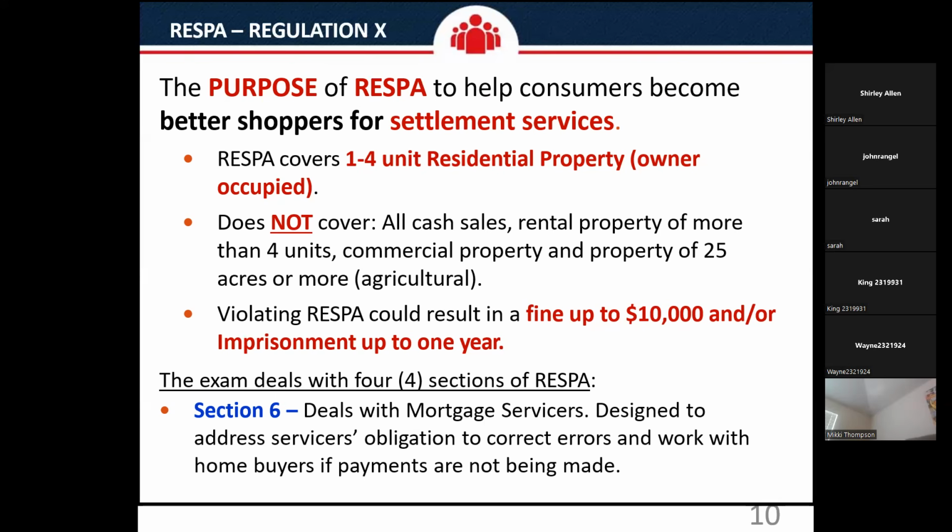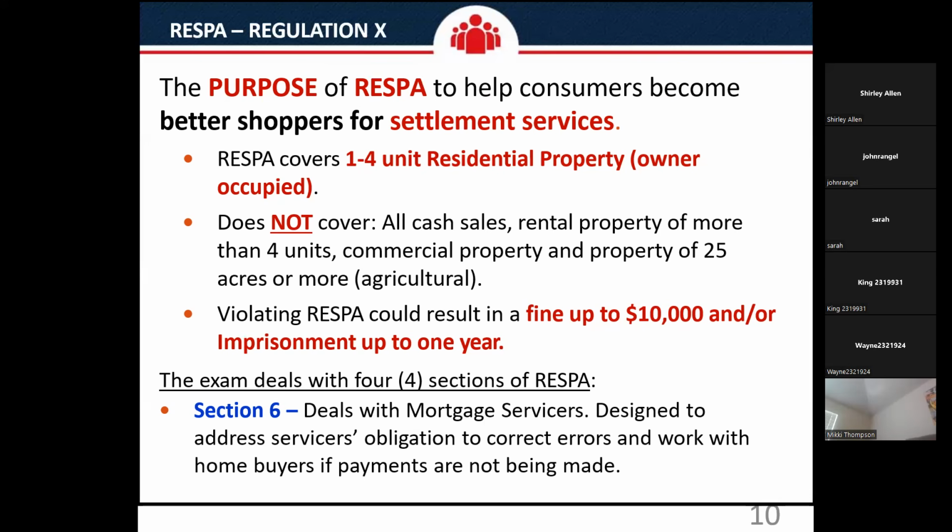The exam basically deals with 4 sections of RESPA. Section 6, I think, is a more involved section that the exam deals with. It has to do with the mortgage servicers. The mortgage servicers are the people that are hired by the banks to service the loans.